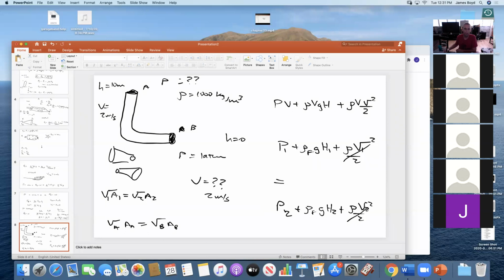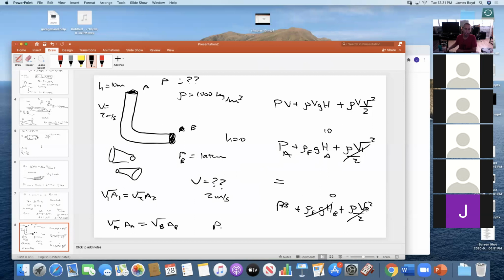Now, we know that the pressure at B, let's change these to B's and A's. Now, we know that the height at A is 10 and the height at B is 0.